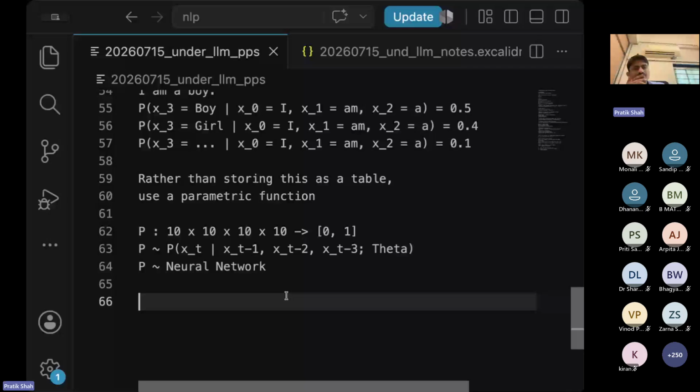When do I say a particular language model is doing good? In terms of formal languages or compiler design, what do we say? When somebody writes code and it passes through the compiler checks, then I would say that this particular code is as per the language.